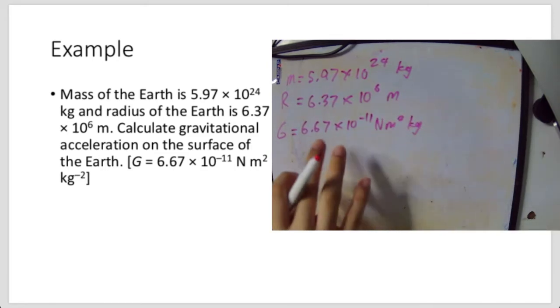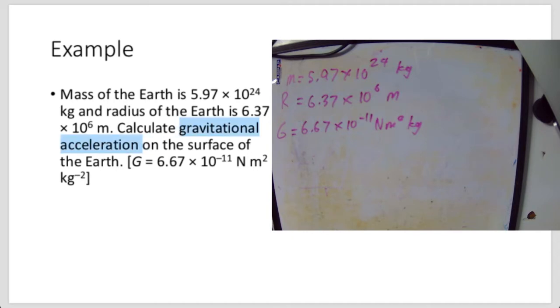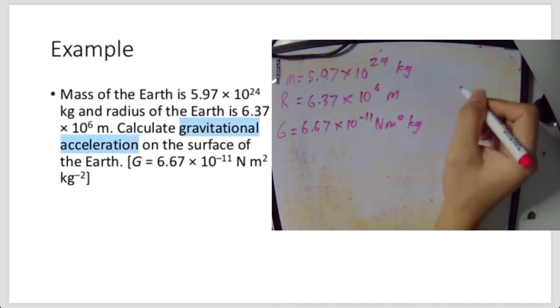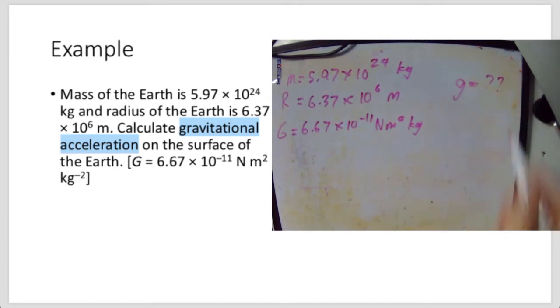So this is the information that we already have right now. And now the question is to calculate the gravitational acceleration. So gravitational acceleration, if we remember, is g. So this is what we need to calculate. Okay, hopefully everyone so far is clear.